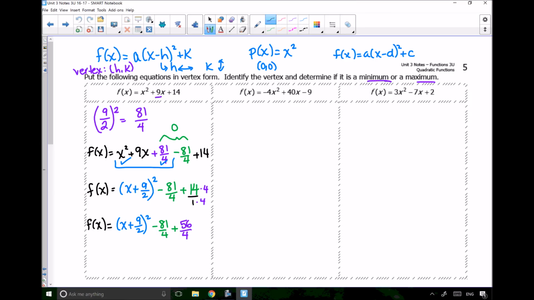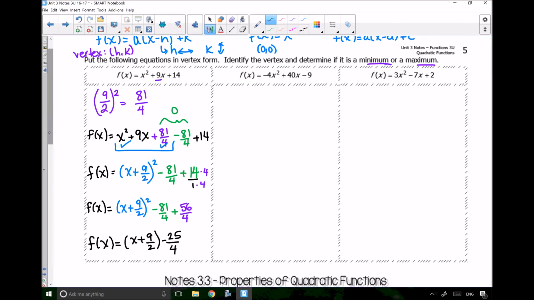So lastly, when I put everything together, I end up getting f of x is equal to x plus 9 over 2, squared, minus, and when I put all of this together, I get 25 over 4.